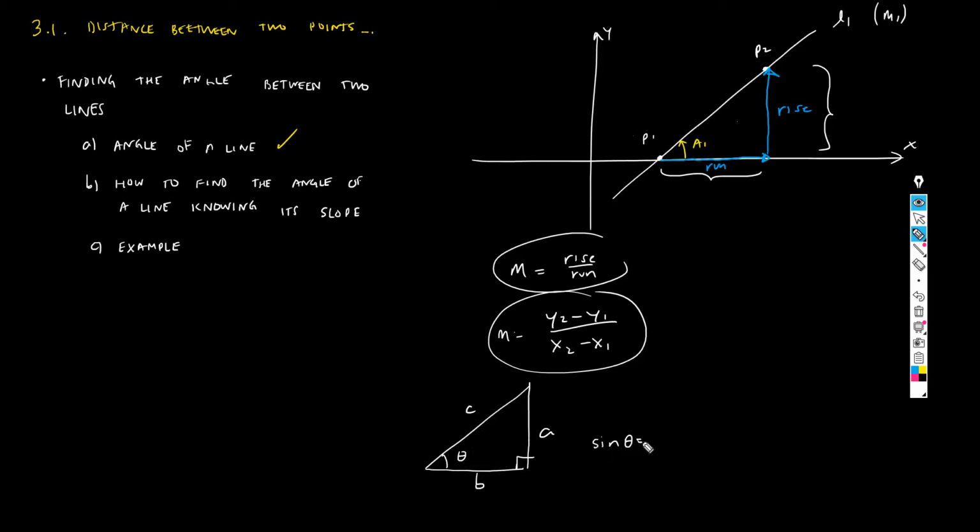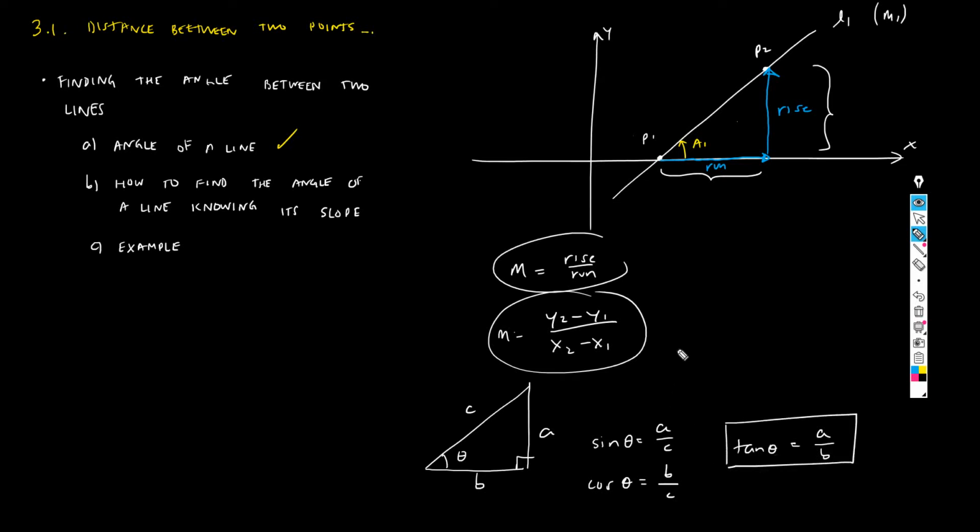The sine of theta is equal to A over C, opposite side over hypotenuse. The cosine of theta is adjacent side over hypotenuse, and the tangent of theta is opposite cathetus over adjacent cathetus. So it's like so. And this is the one we care about, this one.